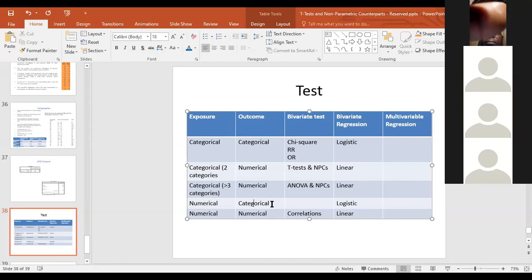Hemoglobin concentration is numerical, but you have already categorized it using the standard cutoff to differentiate anemic from not anemic. In that case your outcome is already categorical: anemia, yes or no. But those factors that influence anemia, some come as categorical, like sex, like socioeconomic status, and some come as quantitative, numerical, like age.